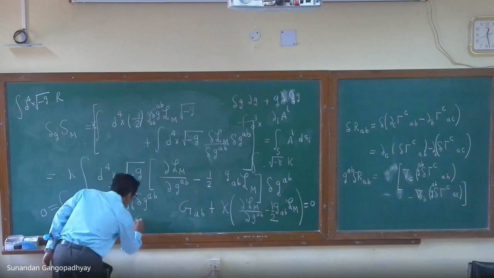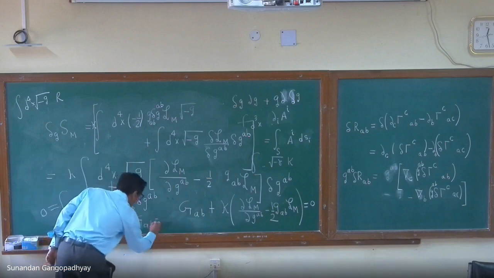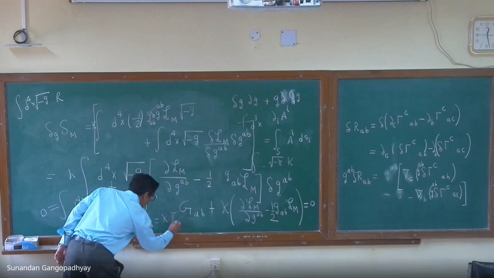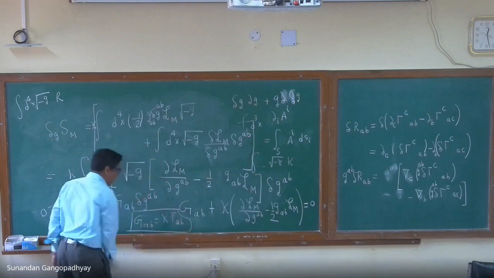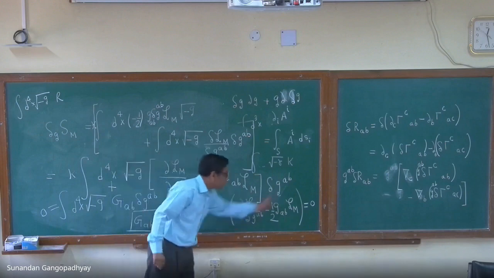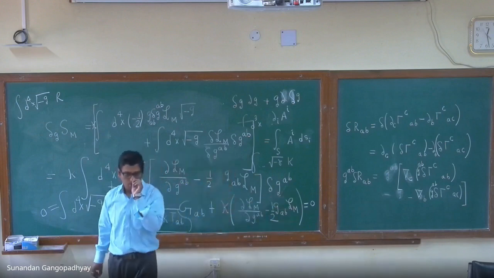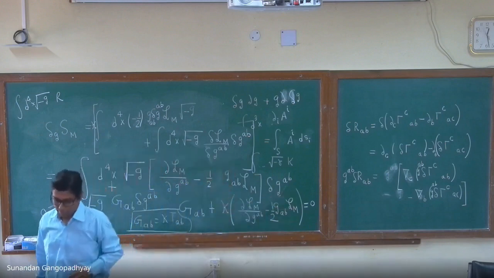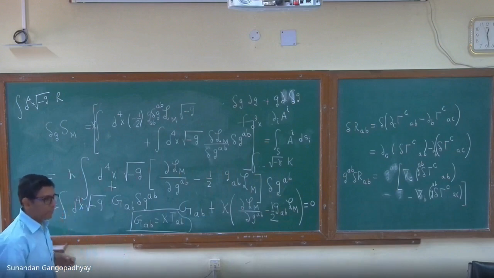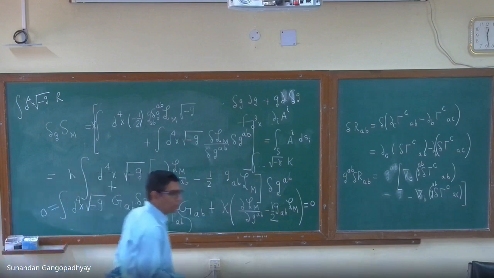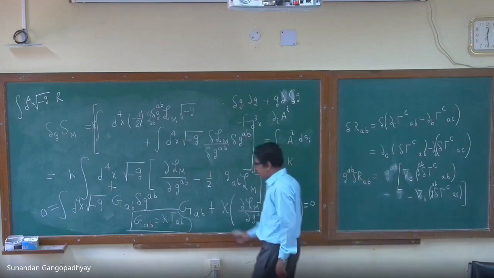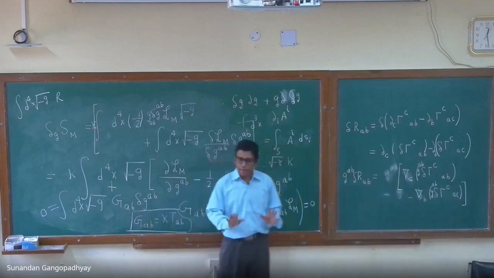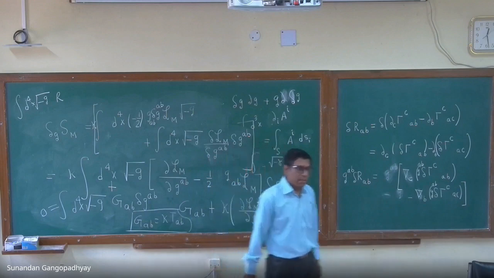Now, I will define something, where T_ab is minus of this. Definition: this is the stress energy tensor. So you see that we have derived everything by adding the matter action to the Einstein-Hilbert action.